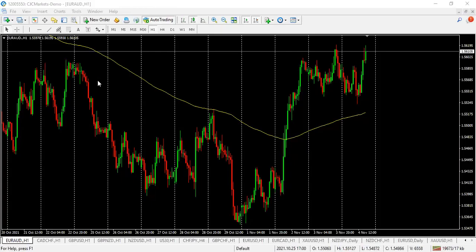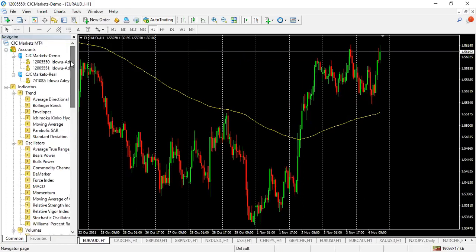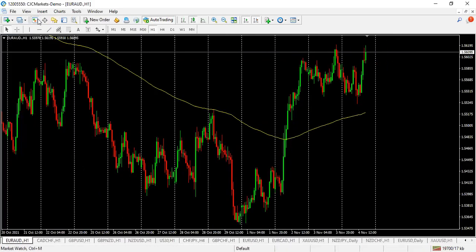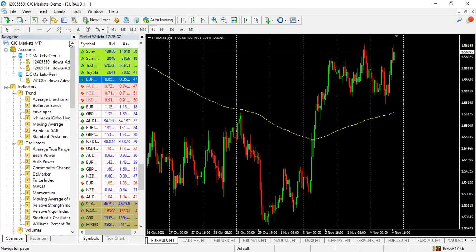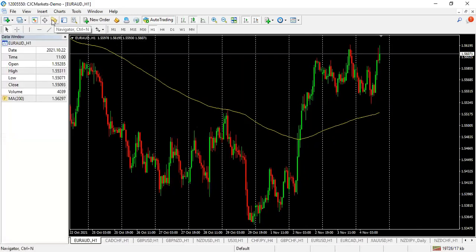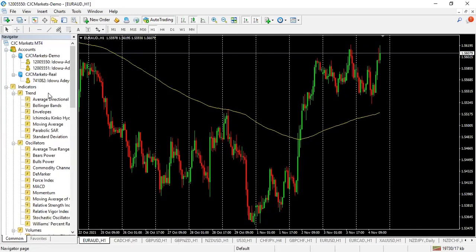If you are on your laptop and you want to see the default indicators, you'll come to this point.